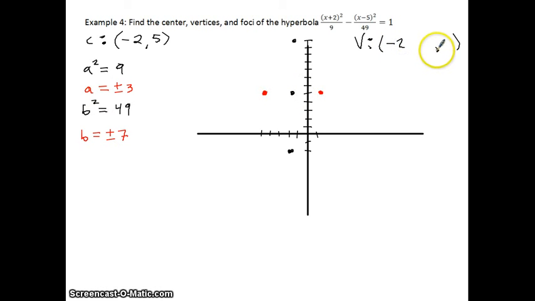The y value doesn't change for the vertices. So I would need to add and subtract 3 onto the x value of my center. That means I have vertices at (-5, 5) and also at (1, 5).